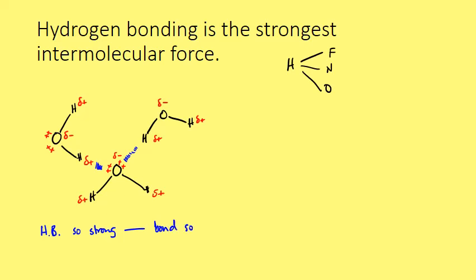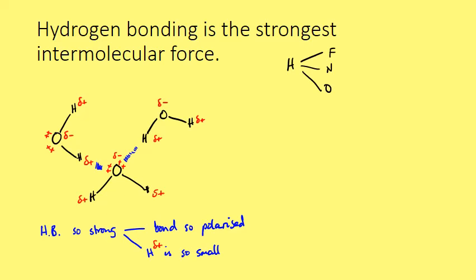The bond is so polarized because oxygen is so electronegative. But it's also strong because the delta positive hydrogen is so small. And because it's small, that little positive charge is very densely located.